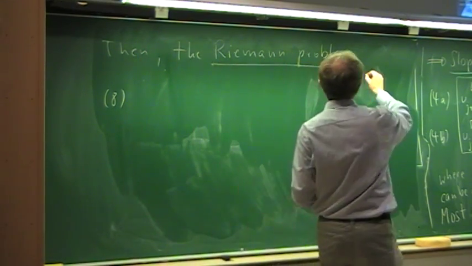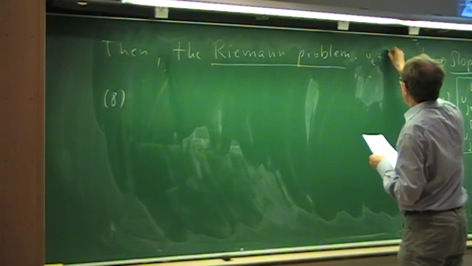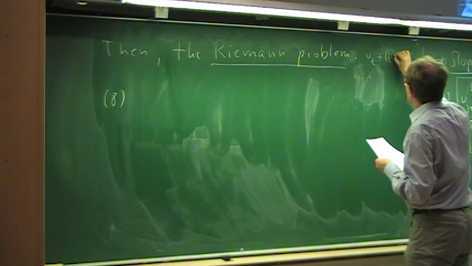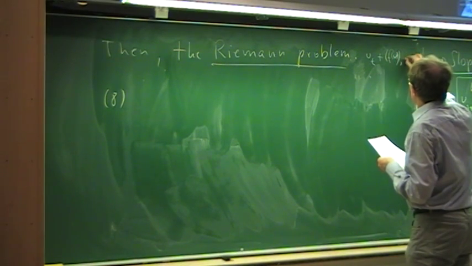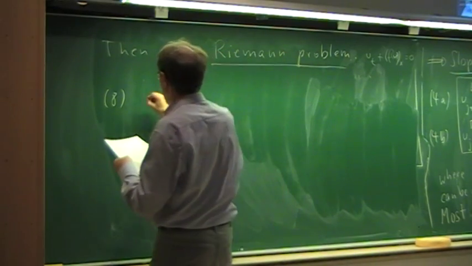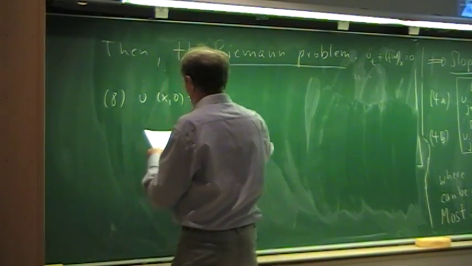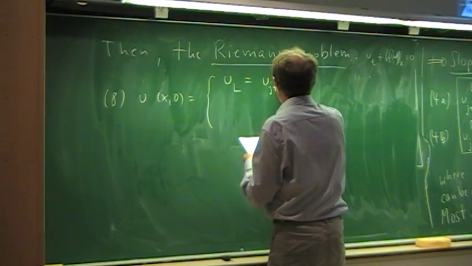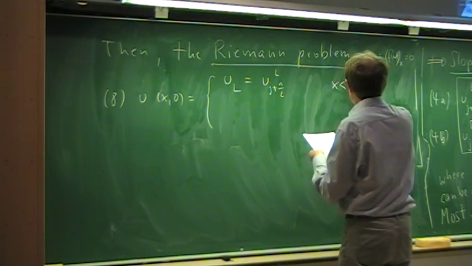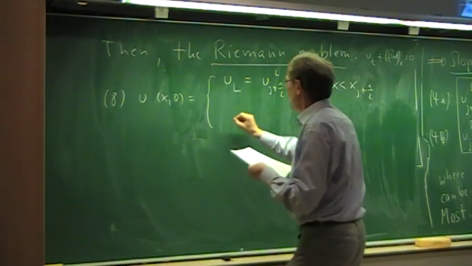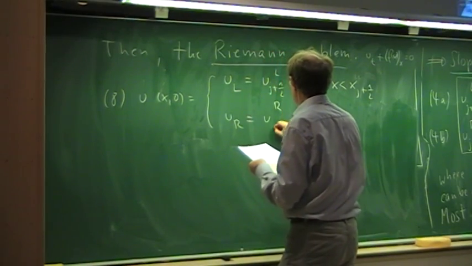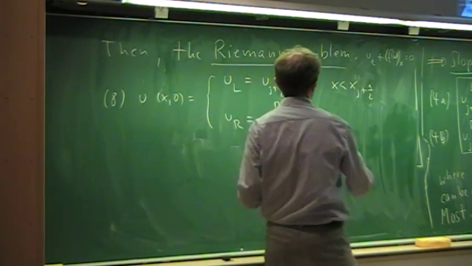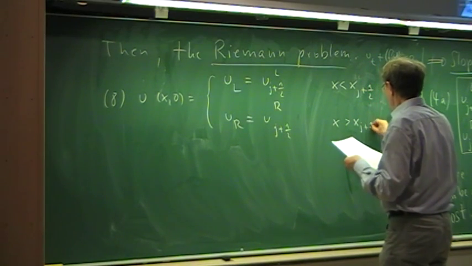We have the initial condition, we have our conservation law, u_t plus f(u)_x is equal to 0 with this initial condition u(x,0) is equal to u_L, which is now the left extrapolated at the face j+1/2, for x smaller than x_{j+1/2}, and the u_R is the right reconstruction with the slope limited MUSCL approach, for x greater than x_{j+1/2}.